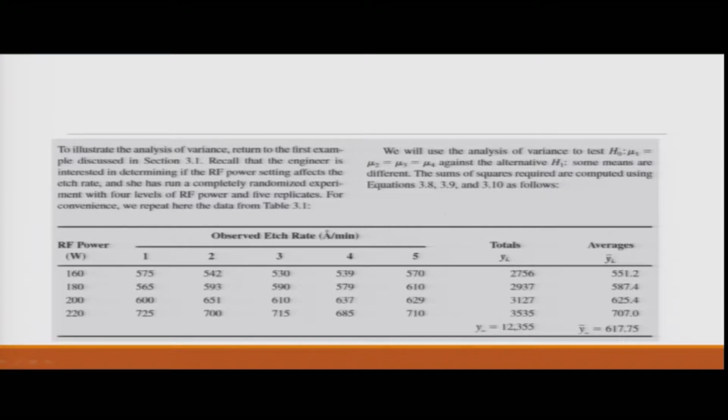It becomes 551.2. Similarly, you find all the averages, and the average of these averages comes out to be 617.75, and the total sum is 12,335.